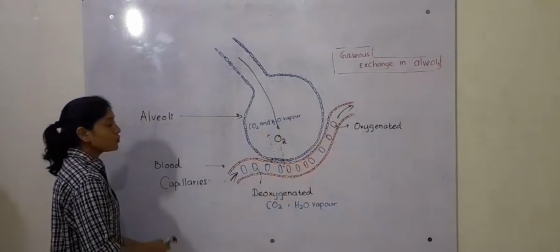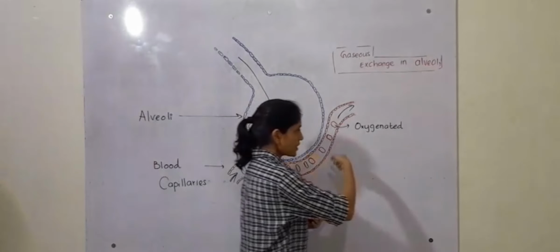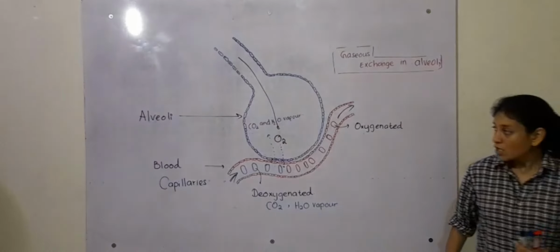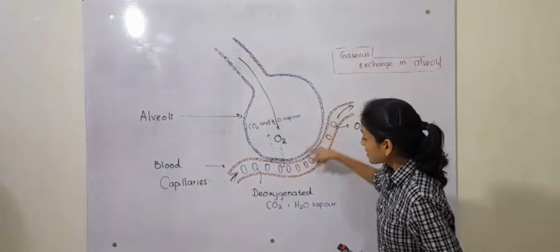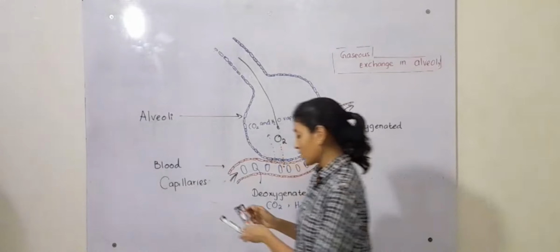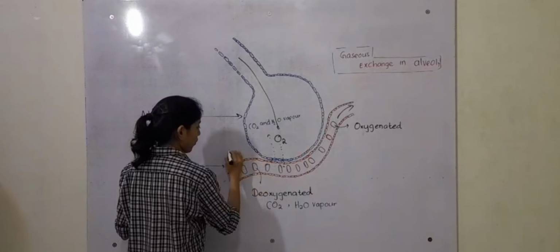Understood? To do this, people, there are several adaptations of the alveoli. The respiratory surface is the wall of the alveoli. So if they ask what the respiratory surface is here, it is the wall of the alveoli.